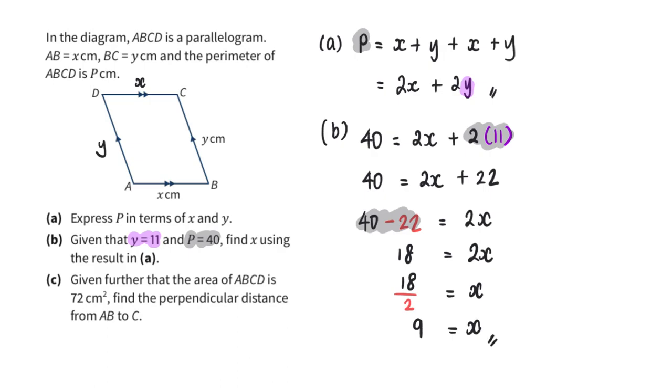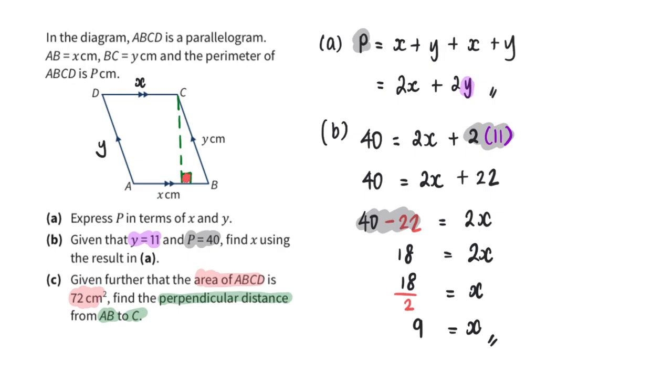Last part, given further that we have the area of ABCD as 72, find the perpendicular distance from AB to C, which means that it is this particular length that we are required to find.